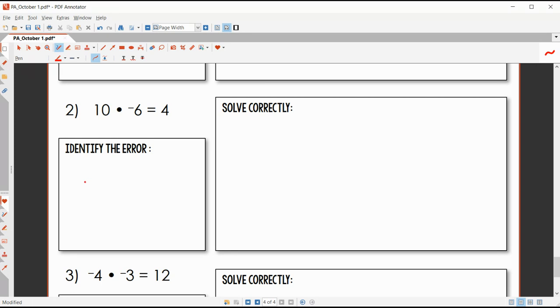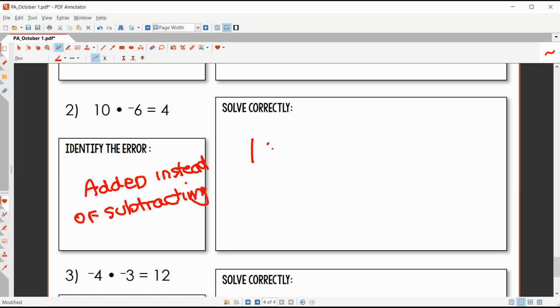So let's solve it correctly. 10 times negative 6 equals negative 60.